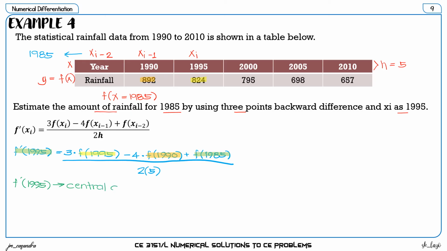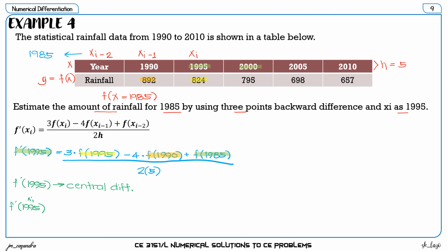central difference. For central difference, f prime of 1995, which is your xi, the center is 1995.